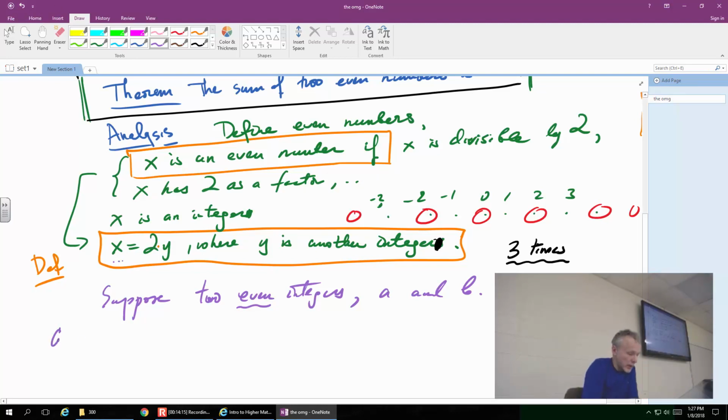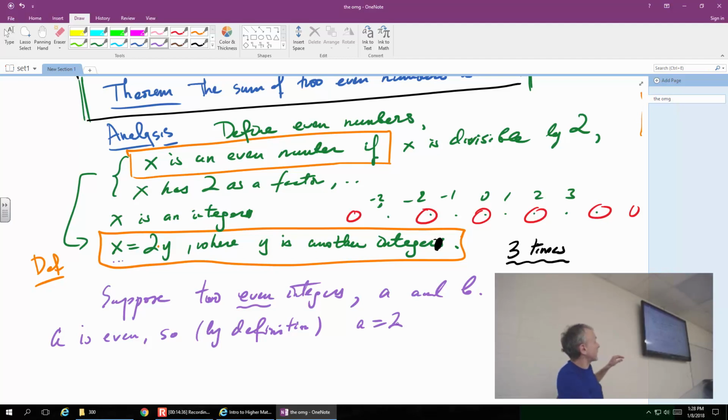A is even. So by definition, what does it mean? A is 2 times, pick a letter. Which letter? I don't want to use y because it's in the definition already, and we're going to apply this definition to every number that we already have.